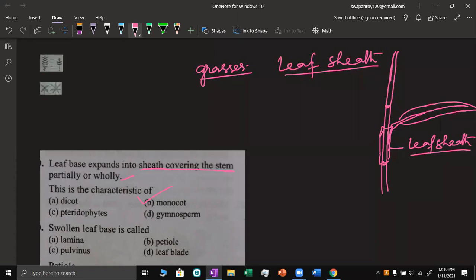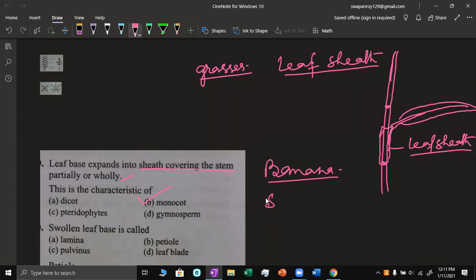Okay, this is the character, and a very good example of the leaf sheath we get in banana. You know that banana stem, the banana plant column, no? I think you have experienced that layer by layer, the stems you can remove.